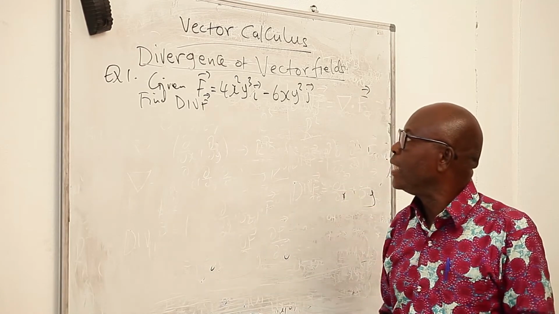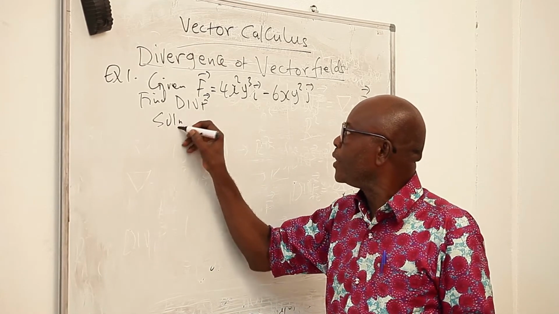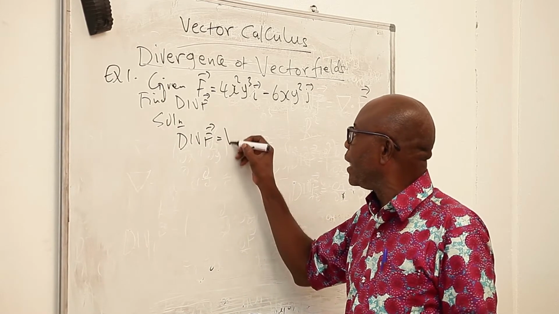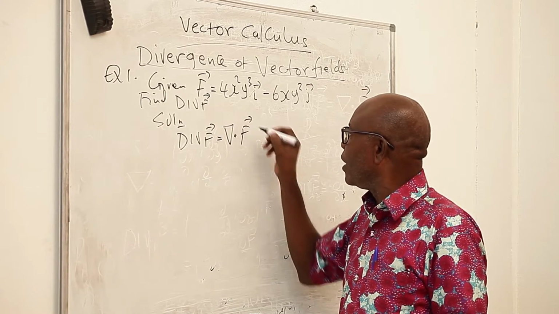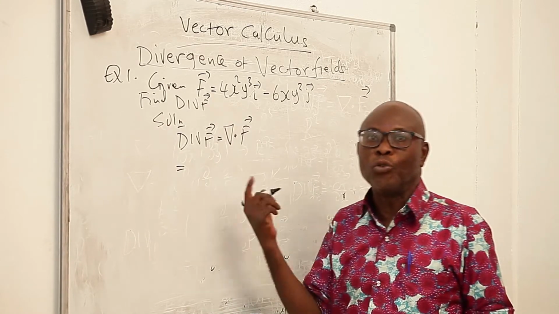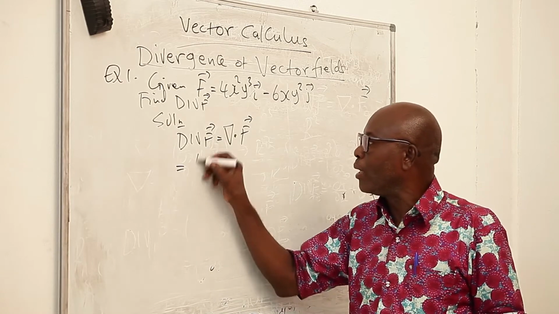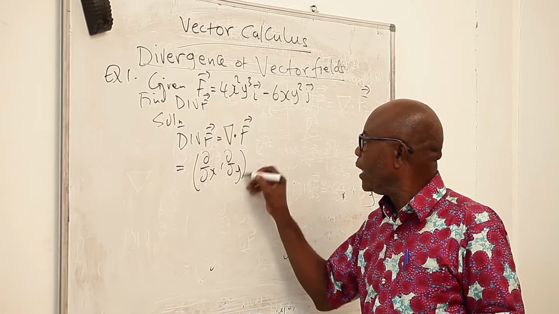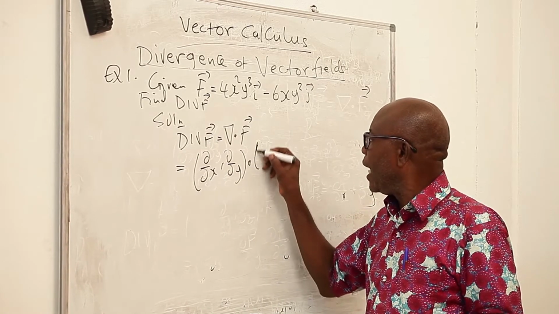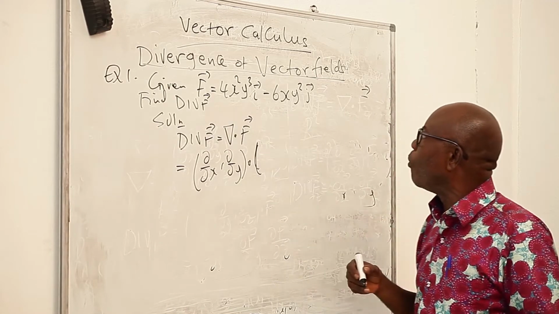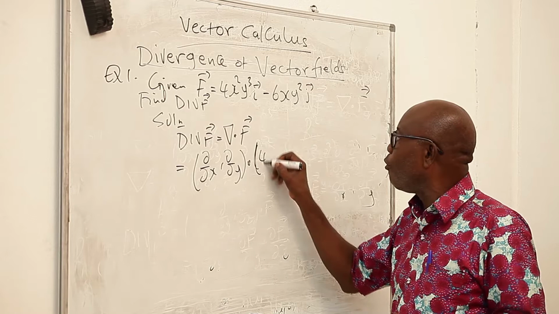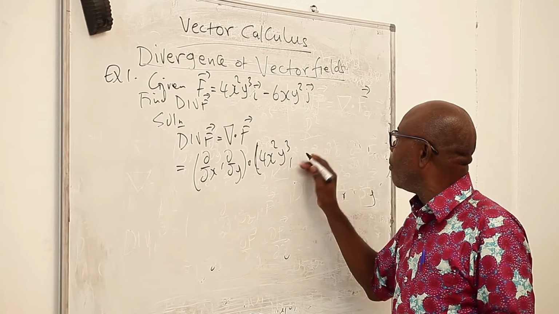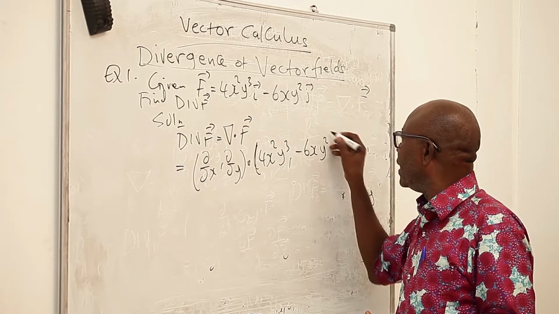So in this case, the solution will be: divergence of f is given by del dot f. And we know our del is two-dimensional, so del will give us partial x, partial y dot f. F will give us 4x squared y cubed in the i direction, and then negative 6xy squared in the j direction.